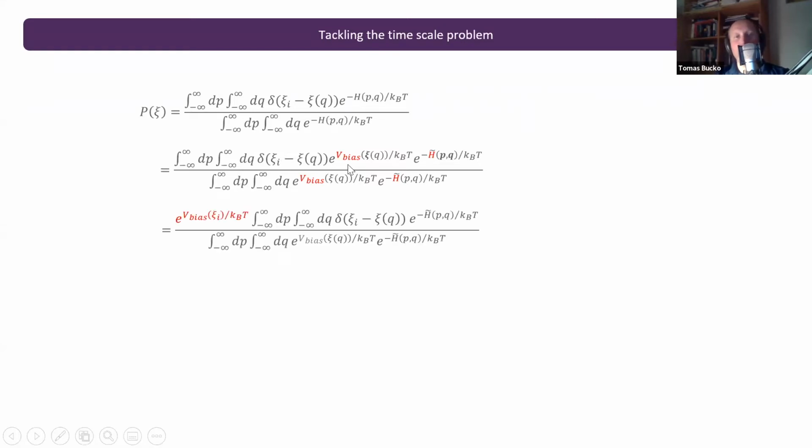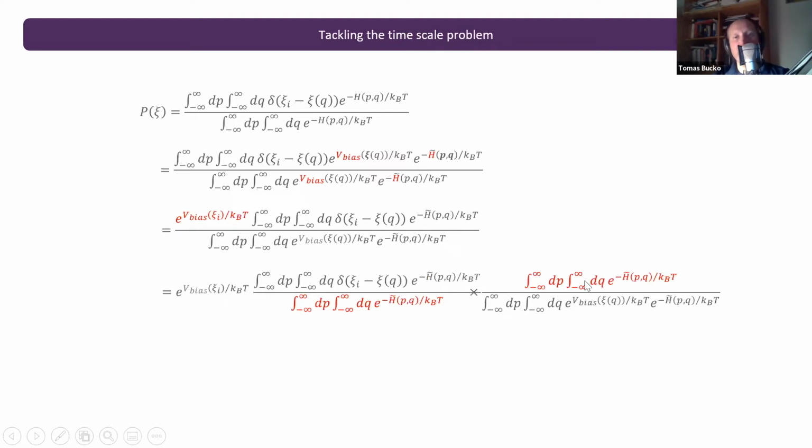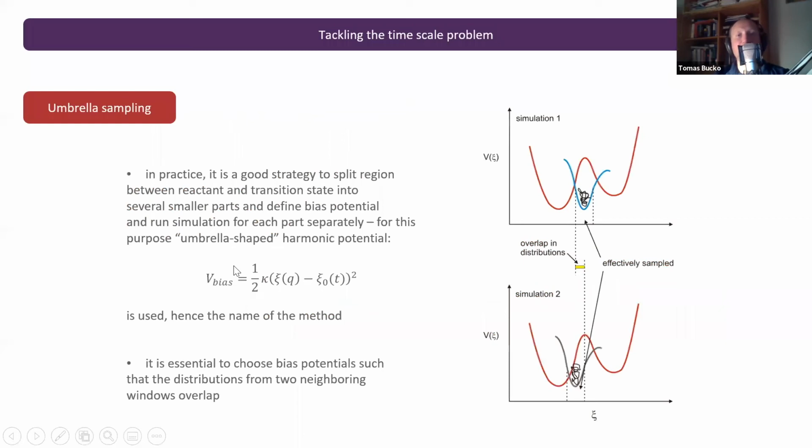So when we do so, we can put this term in front of the integral. Now we extend by unity. We multiply and divide by the same term, the red one, and we realize that this term is nothing but the biased probability density, right? And this term here is nothing but the inverse of the expectation value of this exponential term. This is what we wanted to prove. It's very simple conceptually, right?